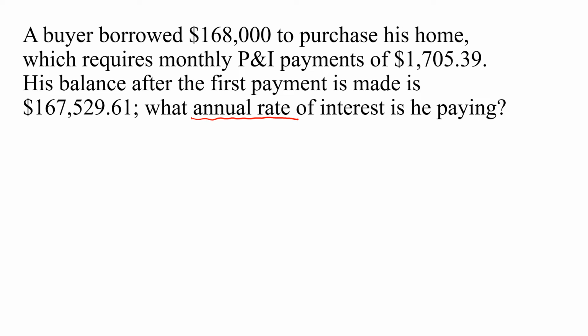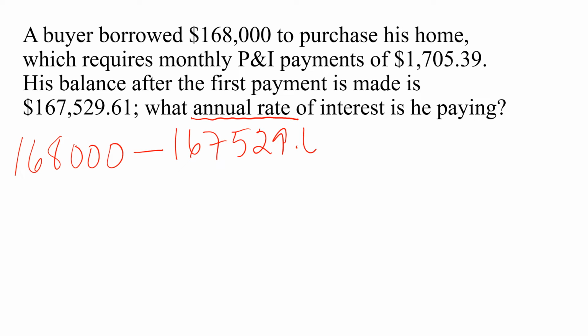Well, first off, let's see what our difference is. So we have 168,000 minus 167,529.61. That means that our difference there, which is going to be our principal, is $470.39. That's our principal.